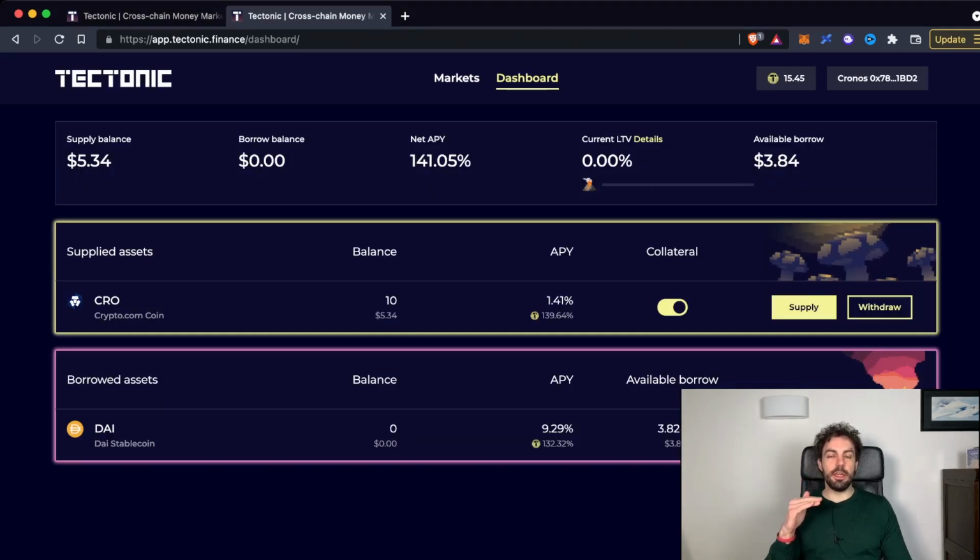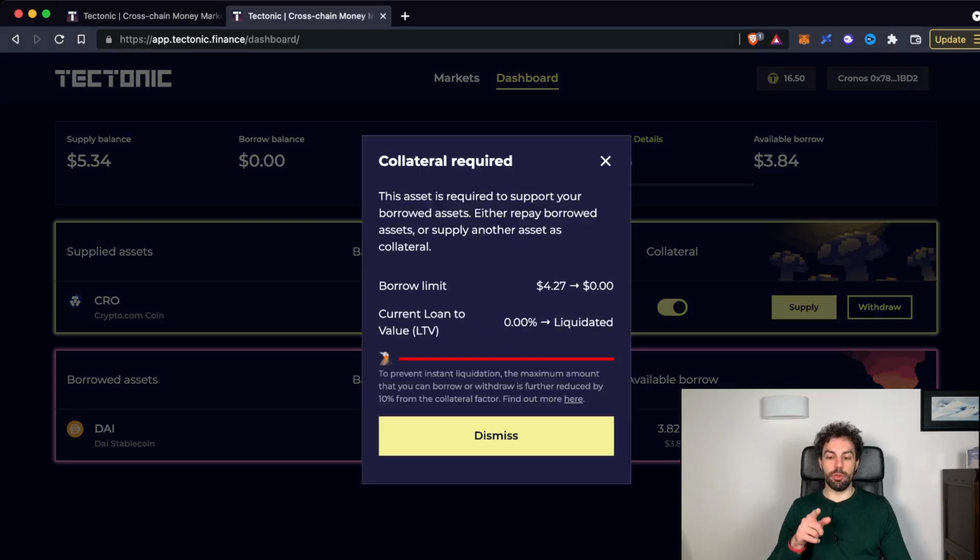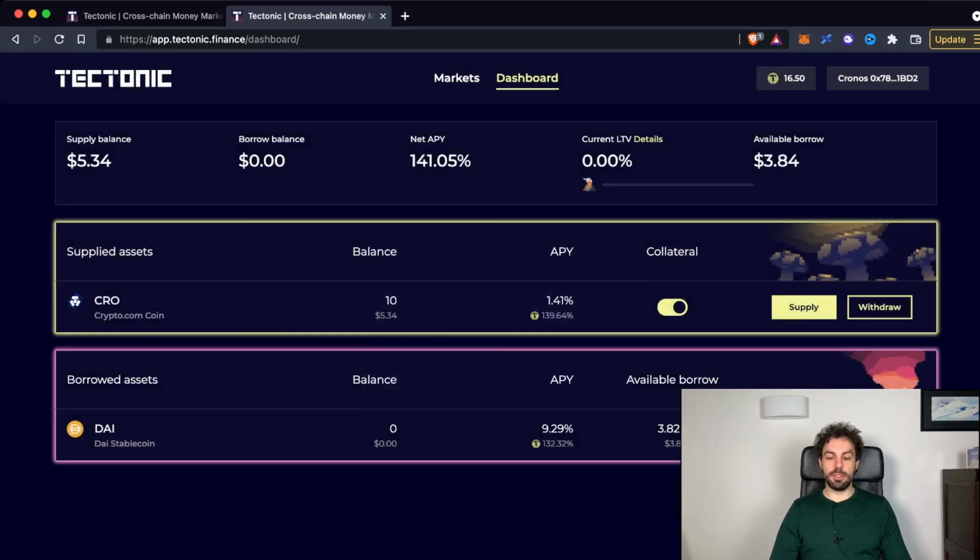Once it is confirmed, you are okay. As you can see, even if we have repaid the position, the borrow asset is still on. The main reason is probably that some leftovers are still in the protocol. But in any case, don't worry, it's not a problem. We should be able to withdraw our position. In order to do it, we have to disable the collateral, so we click on it and click dismiss.